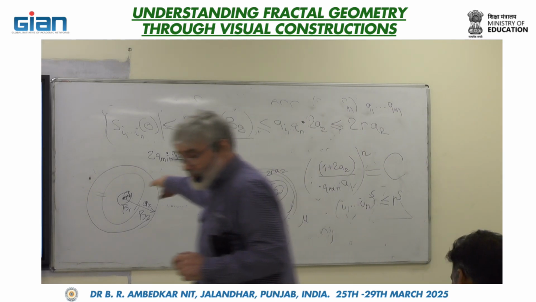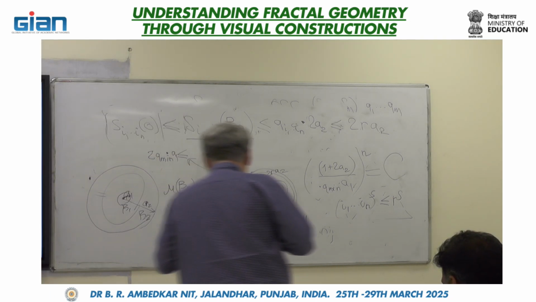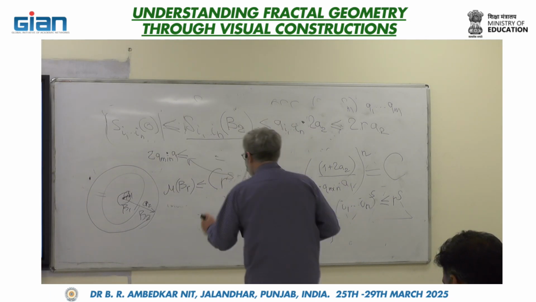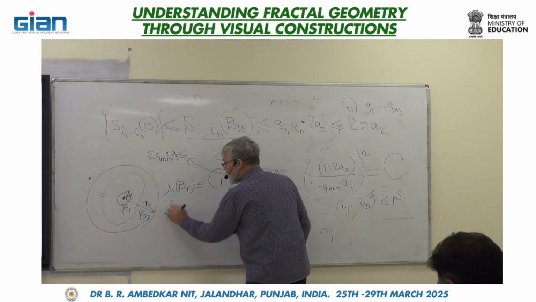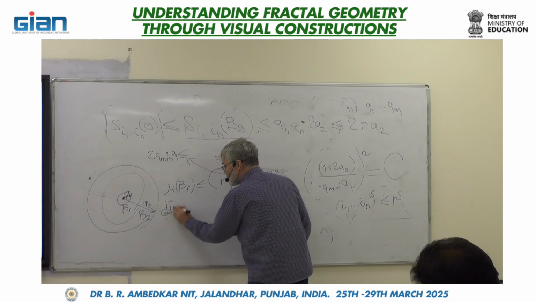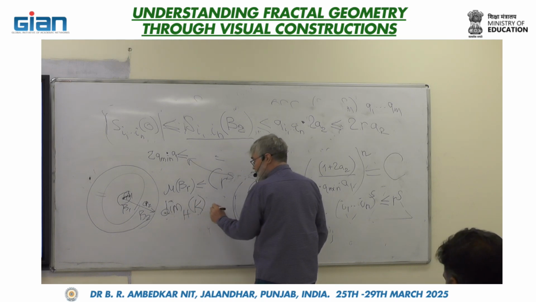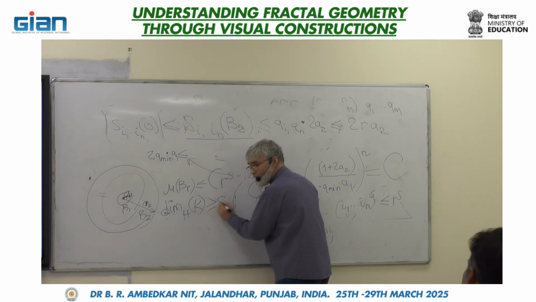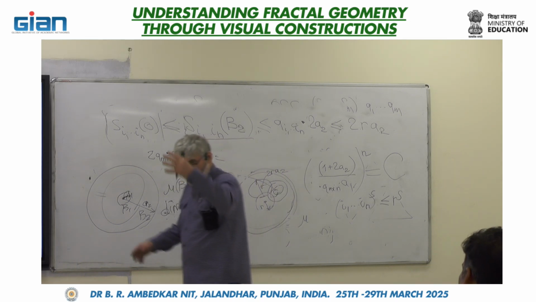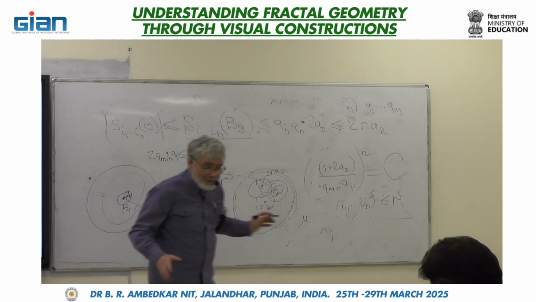We can apply the mass distribution principle. And from the mass distribution principle, it follows that the Hausdorff dimension of K is greater or equal than S. But at our first stage, we proved the opposite inequality.